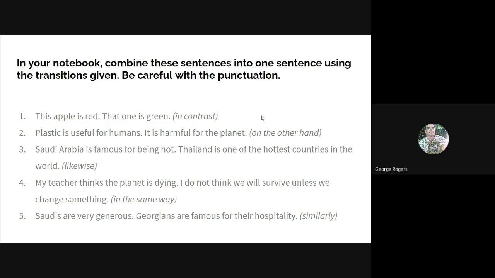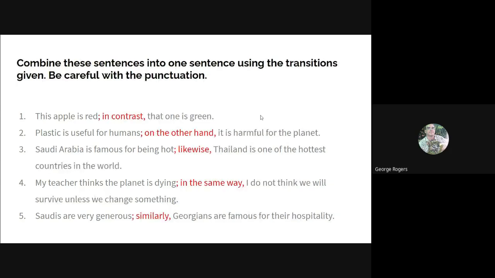So let's look at all of these. This is the way you put these in one sentence. Number 1: This apple is red, semicolon. All of these are going to have this. If you're putting it in one sentence with a transition, you have to have the semicolon.